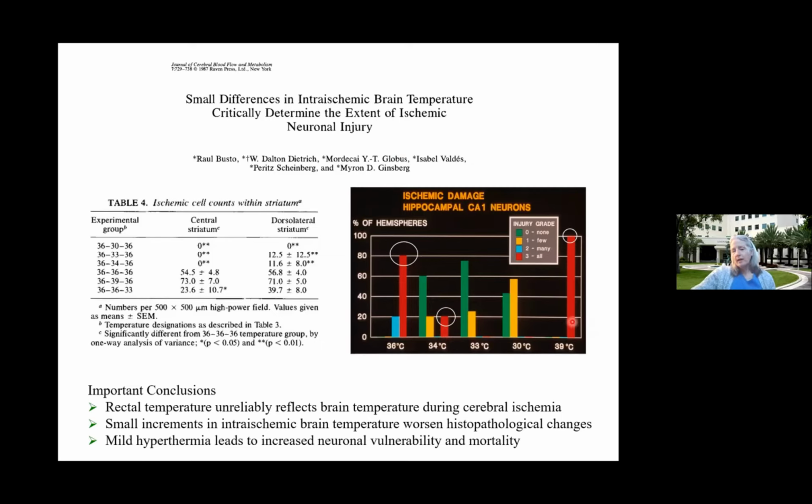But if you elevated temperature after global cerebral ischemia or during the ischemic episode, with hyperthermia at 39C, you actually worsened outcome, and you had much more cell death in the CA1 hippocampus, which is a vulnerable area after a cardiac arrest in the animal model.